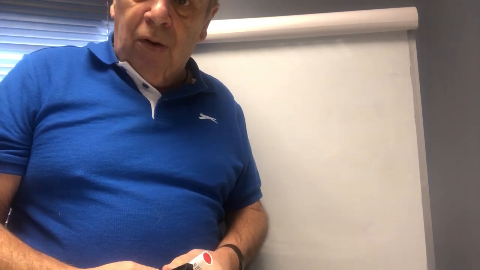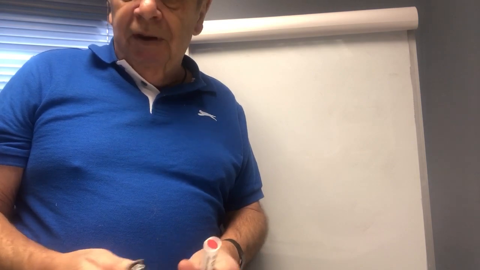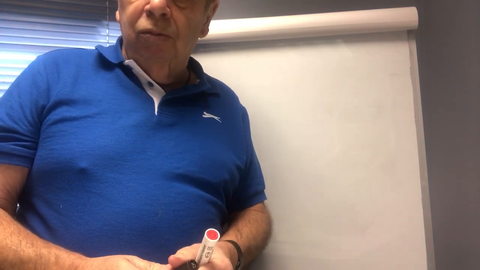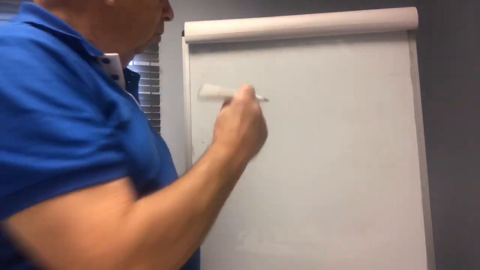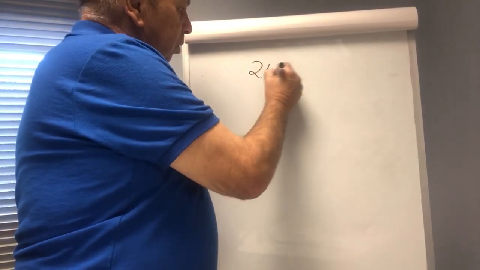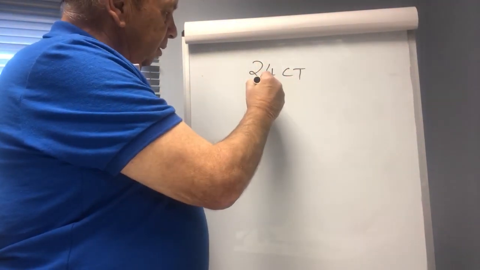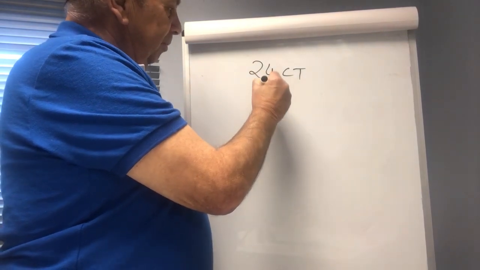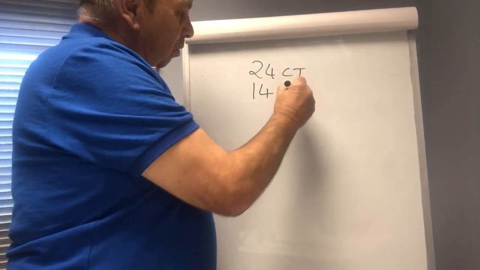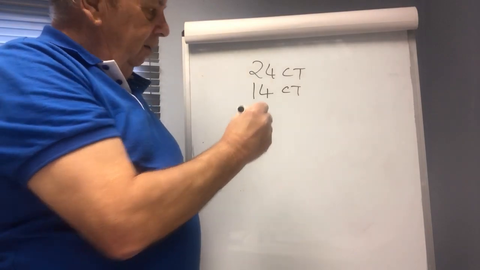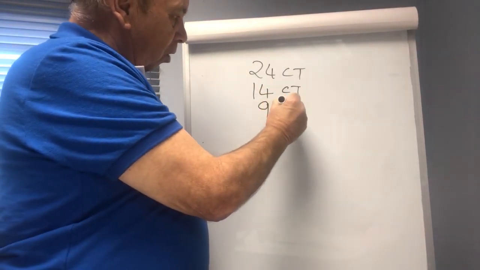It makes them more usable, stronger, more durable. For example, pure gold is sometimes called 24 karat gold, and then you get 14 karat gold, and then 9 karat gold.